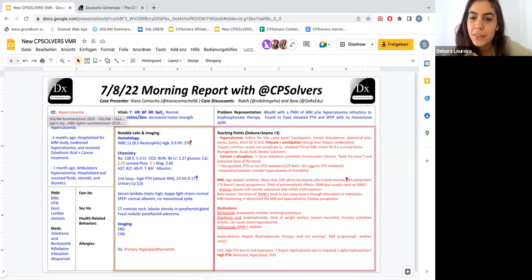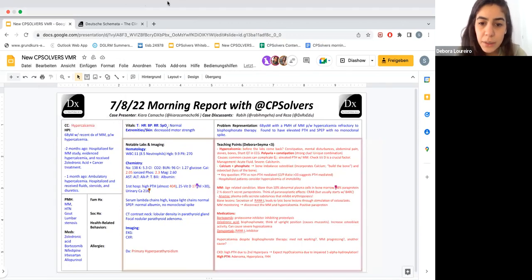I always think about what Robbie teaches about CRAB: the bone lesions, the anemia, the renal failure, and the elevated calcium. In the anemia, the plasma cells secrete substances that inhibit erythropoiesis, and the bone lesions secrete RANK-L that leads to lytic bone lesions through stimulation of osteoclasts.